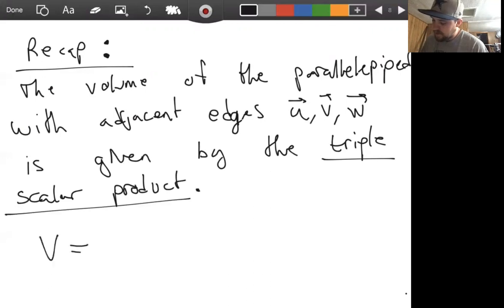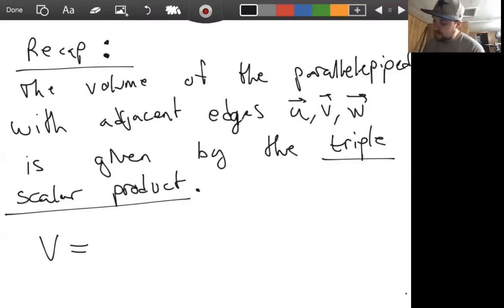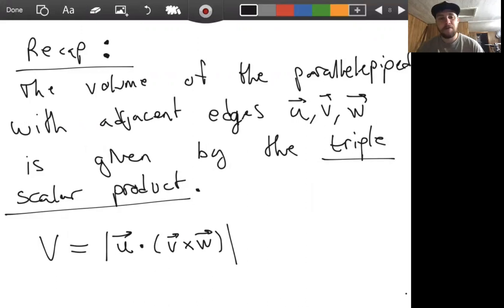So now I'm going to kind of cycle the U's, V's, and W's. So it just goes in alphabetical order, right? And so in general, the volume is given by the absolute value of U dot V cross W. Okay, and this is our formula for finding the volume of a parallelepiped.